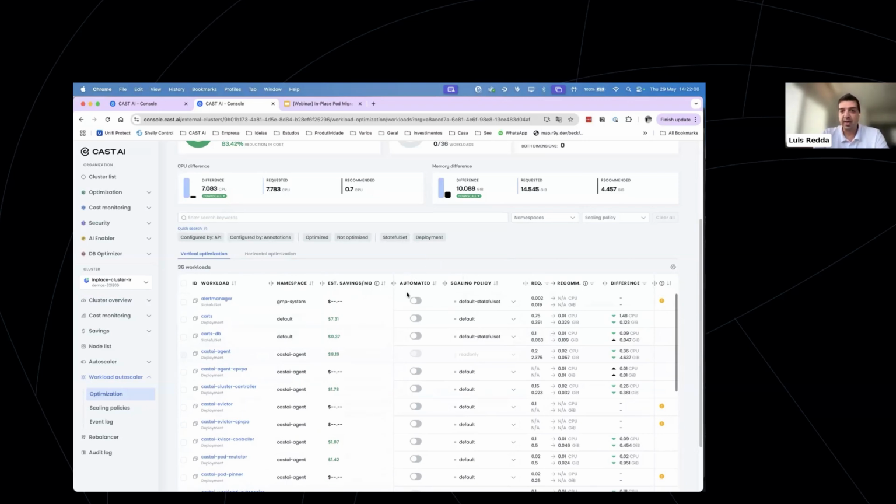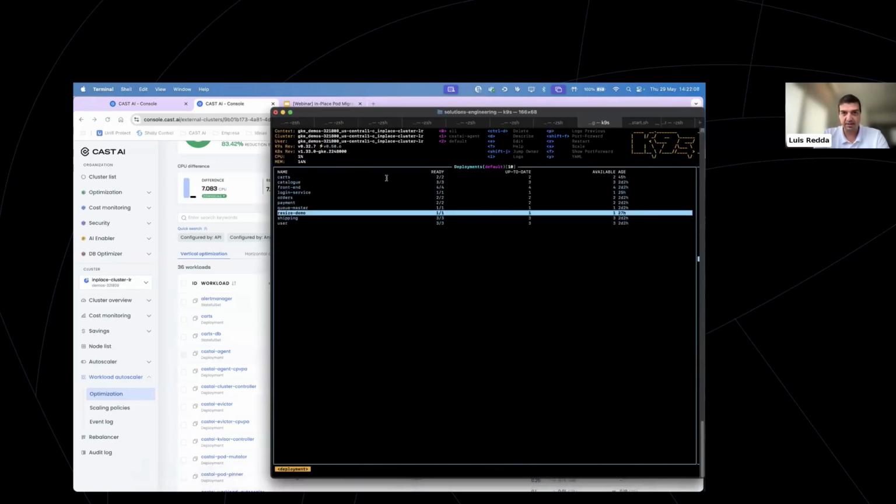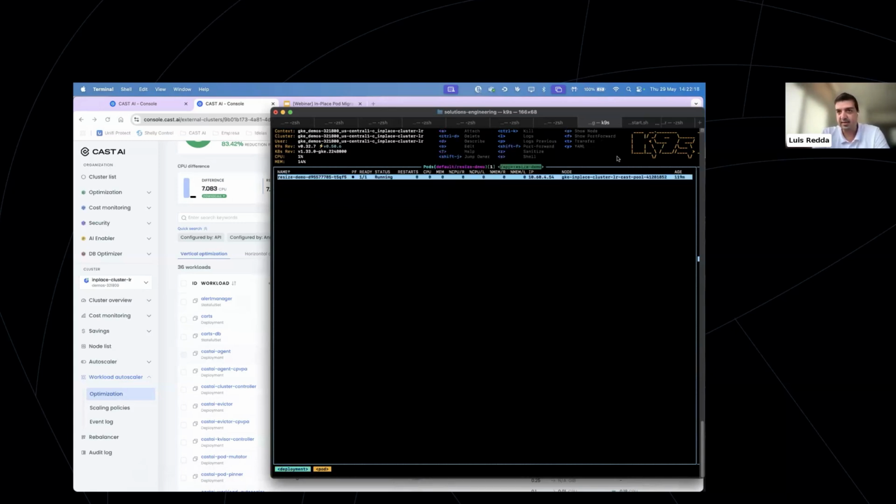And here is where you can turn on, turn off the automation, right? It's very, very simple. I have here a real workload in my Kubernetes cluster, a microservice that's called Resize demo, right? If we drill down here, we can see that this container has been running for almost 2 hours.